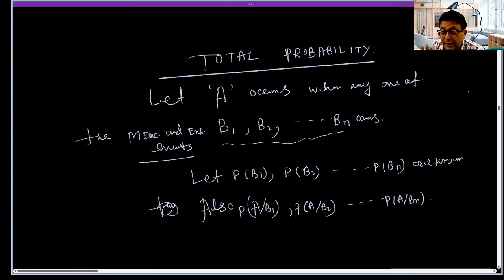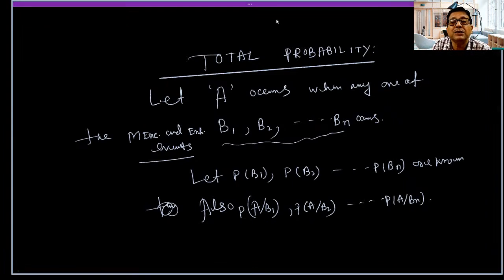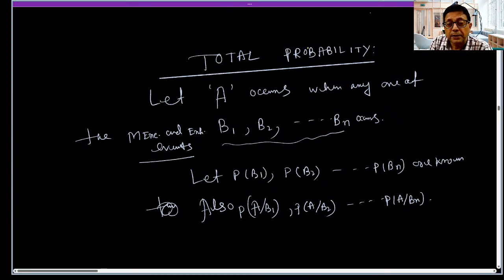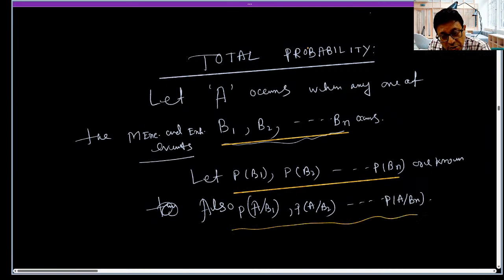Got it? I'll give you an example. Just understand the theory here. Event A occurs when any one of the mutually exclusive and exhaustive events B1, B2, Bn occurs. We know probability of these events. We know conditional probabilities of these events.